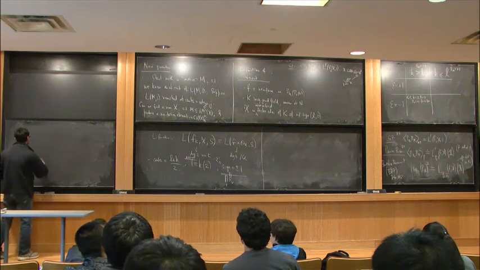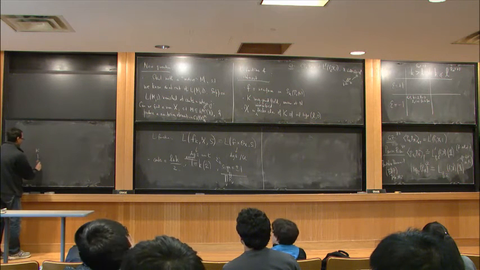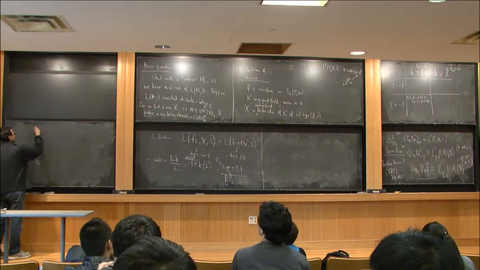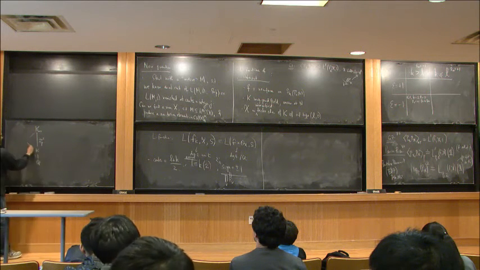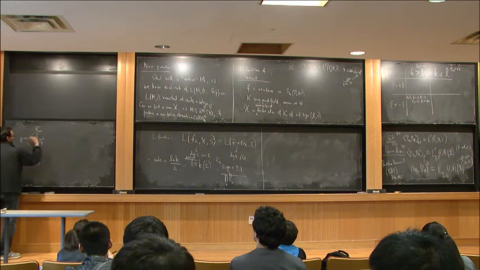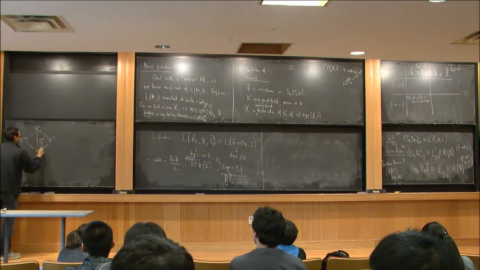The point is that you have k, which is a quadratic extension. I'll write k infinity for the Z_p^2 extension of k. And inside here, you have on the one hand the anticyclotomic extension and the cyclotomic extension.